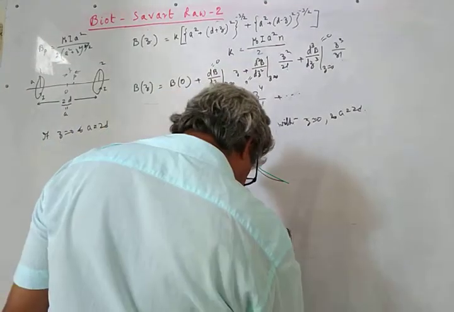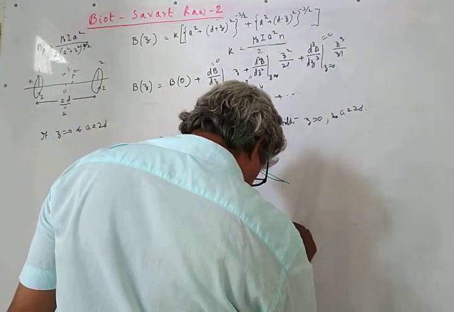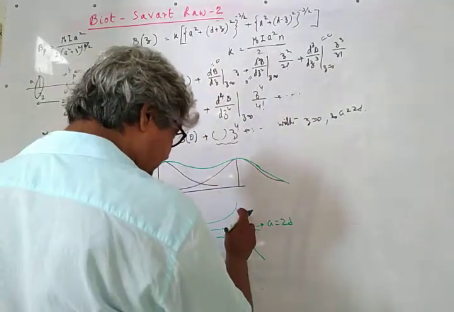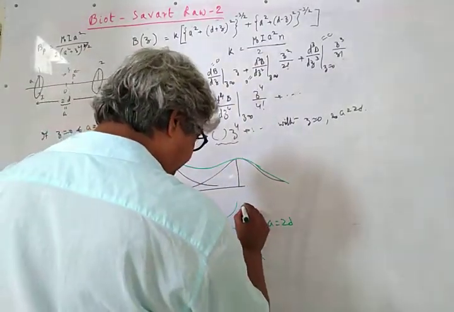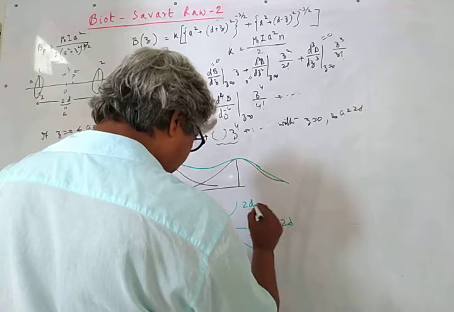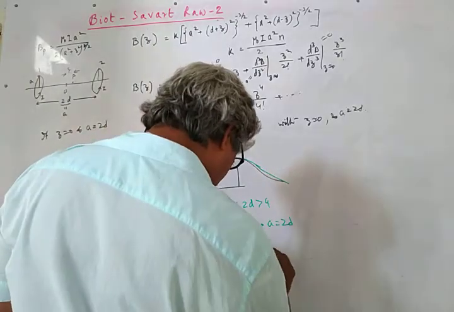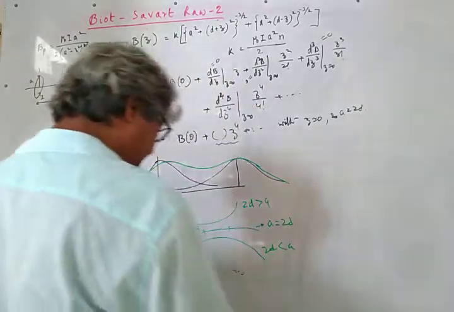This is the condition that a is equal to 2d, and this is the case when the separation 2d is greater than a, and this is 2d less than a.